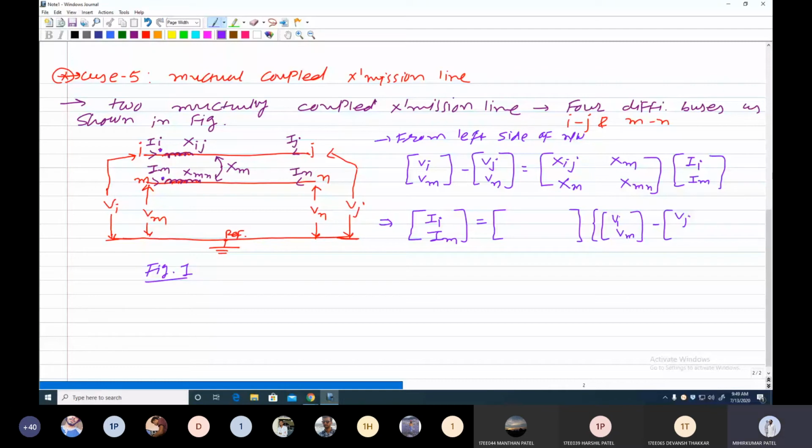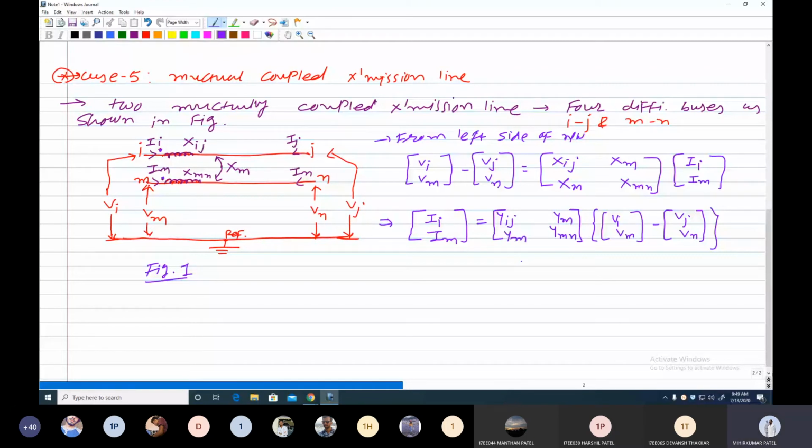Here, what is the value of this admittance matrix? It is Yij, Ym, again Ym, and Ymn. Clear?